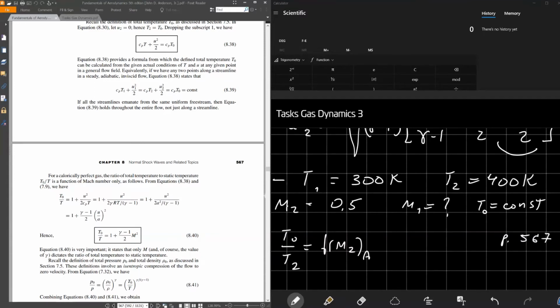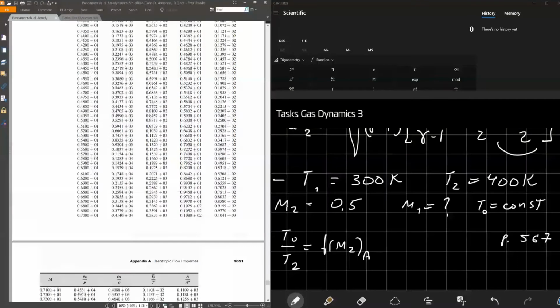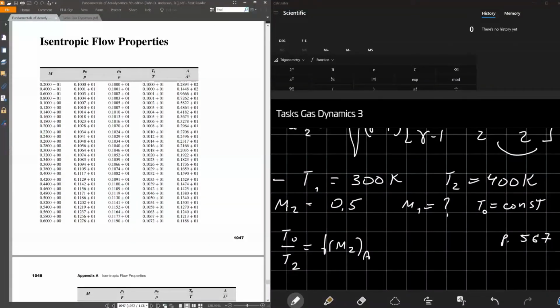Nice. So go into Appendix A and try to find my Mach 0.5. This is it. And the temperature ratio is 1.05. It should be a positive value and more than 1, because stagnation temperature is always bigger than the static temperature. 1.05.